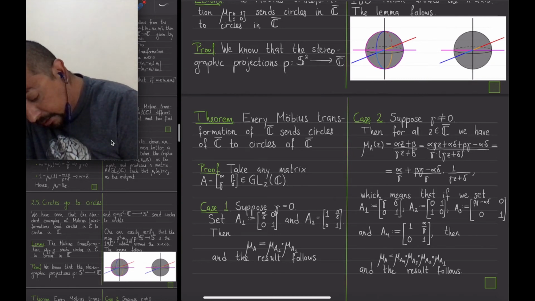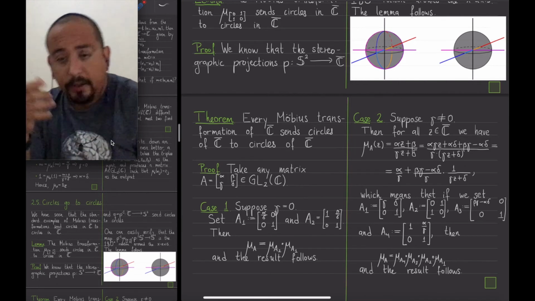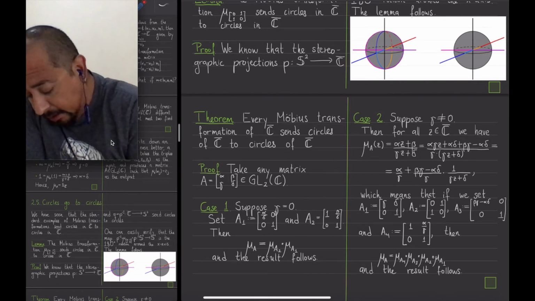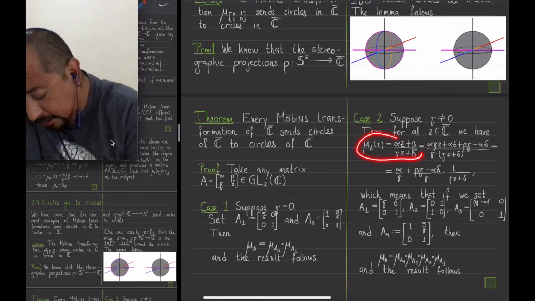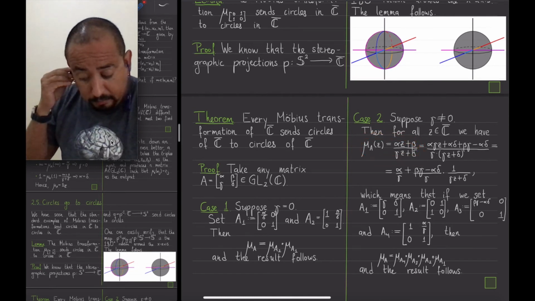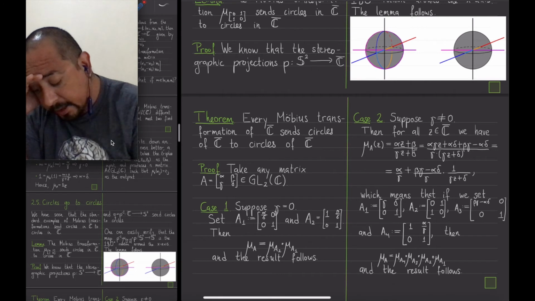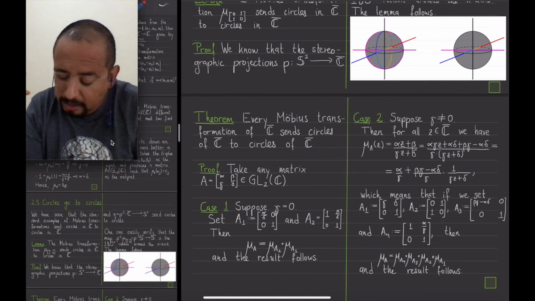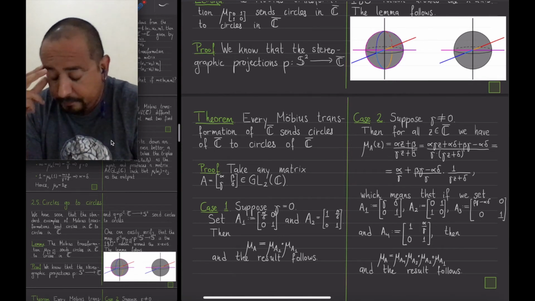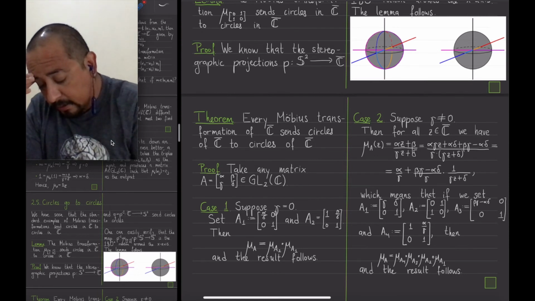Okay, now for the second case, it's a little bit of computational trickery. So take this expression, and one of the tricks is to try to make the determinant appear. So here we have beta.